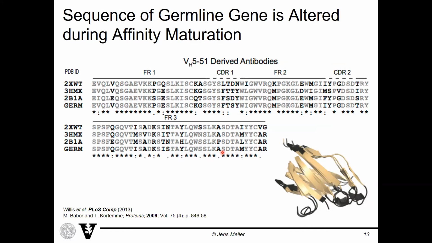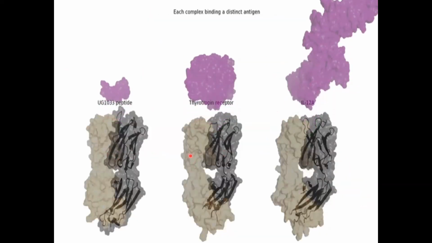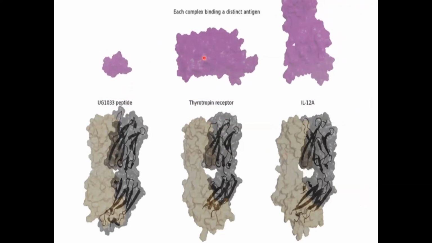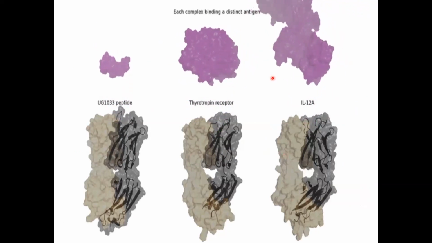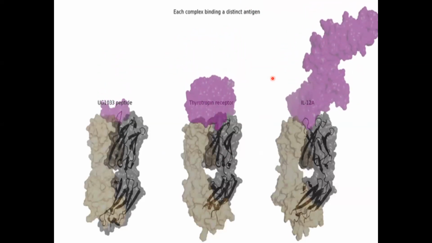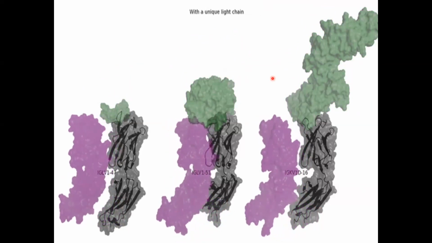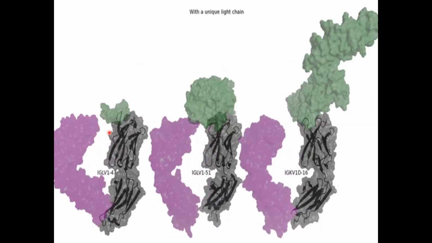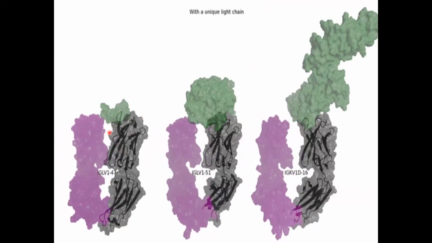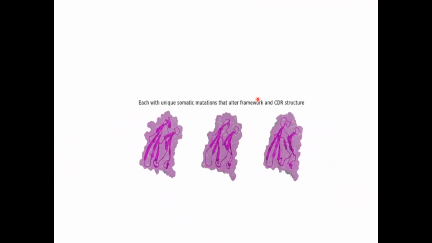So what we did is we took these three co-crystal structures. Down here we have the antibodies. They are co-crystallized with their targets, three very different targets. And what we did now is we ran a so-called multi-state design protocol. So instead of adding just one of these complexes to Rosetta, we ran a simulation with all three antibodies present, with all of their antigens present at the same time.